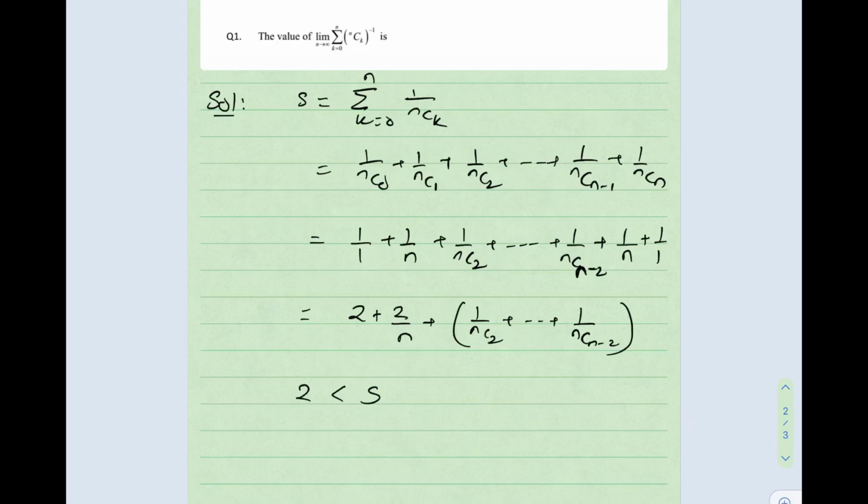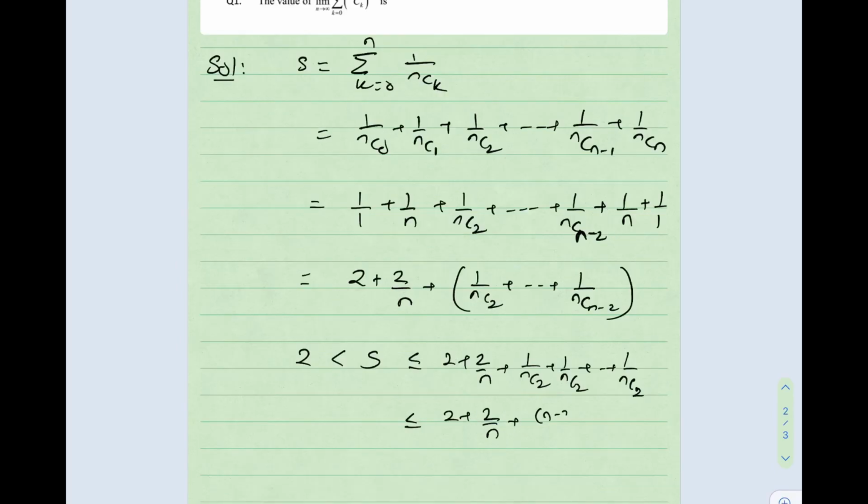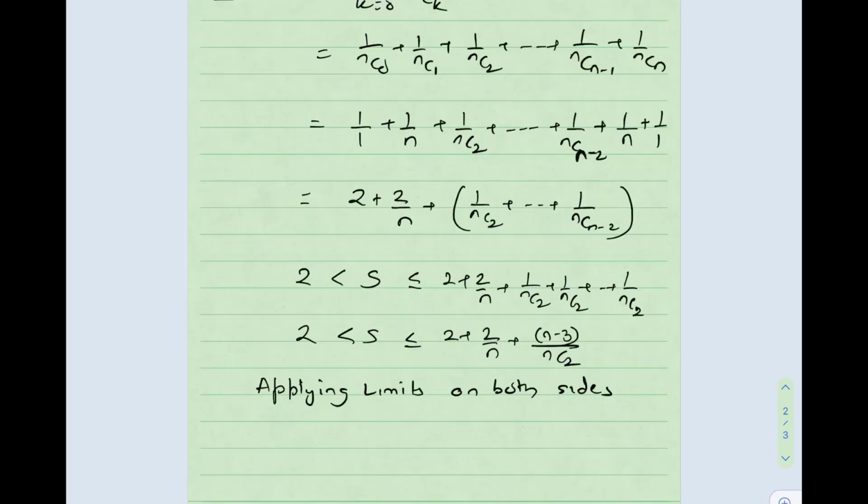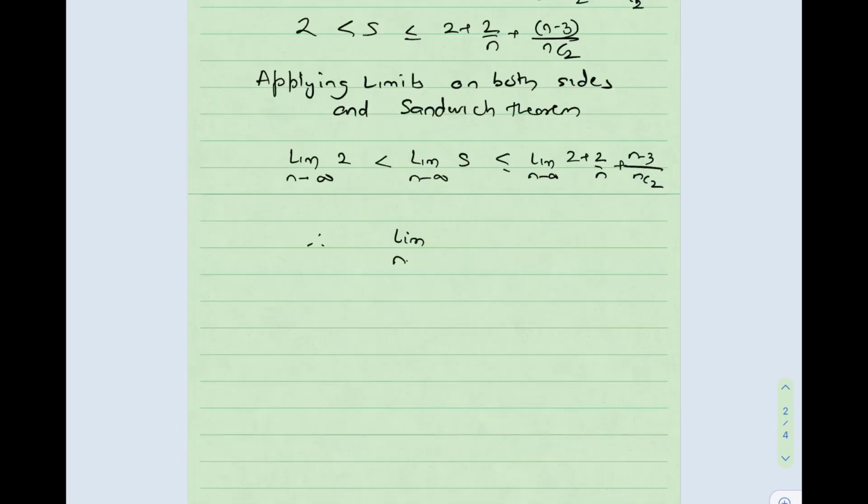We can surely write S as greater than 2 and less than 2 plus 2 by n plus 1 upon NC2, and so on, n minus 3 times NC2. Now applying limits on both sides and the sandwich theorem, we will get the limit answer.